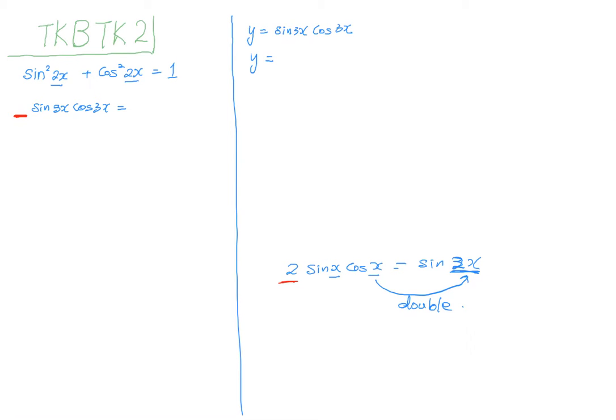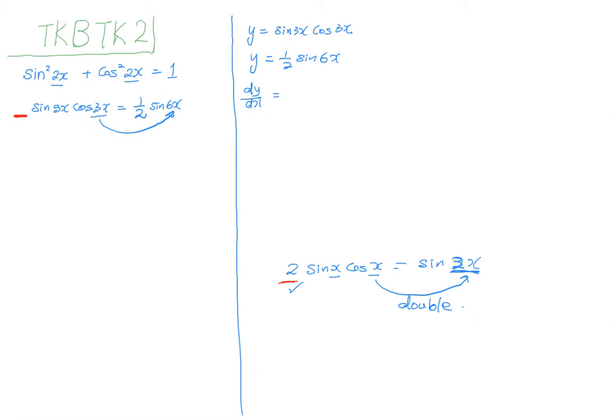Is it sine 3x? No, sine 6x is correct. But here there is a 2, here is without the 2. So what should I do? Half. Yes. So if I turn this to become half sin 6x, then I can find my dy dx.